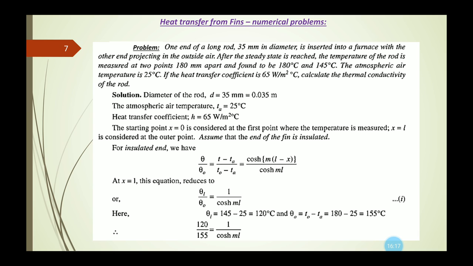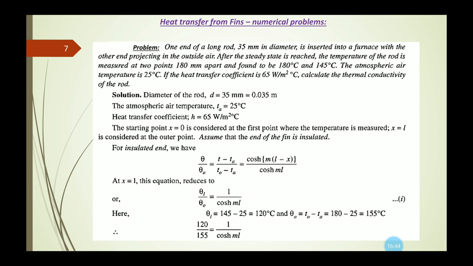What is given here? One end of a long rod 35 mm in diameter is inserted into a furnace with the other end projecting in the outside air. After the steady state is reached, the temperature of the rod is measured at 2 points 180 mm apart and found to be 180 degrees centigrade and 145 degrees centigrade.